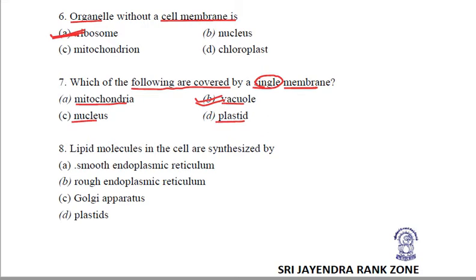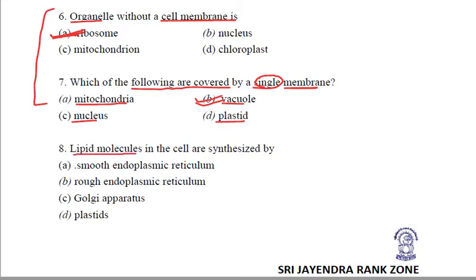Right, so these two questions are quite important to relate: the organelle without a cell membrane is ribosome, with a single membrane is vacuole, and with double membrane are mitochondria, nucleus and plastids. Fine, let us come to the next question.